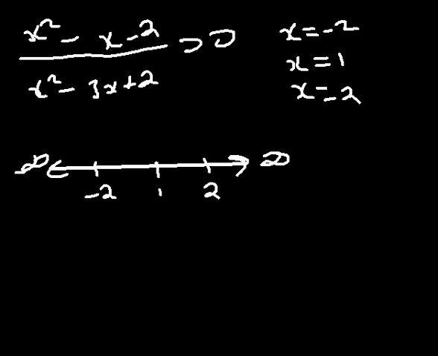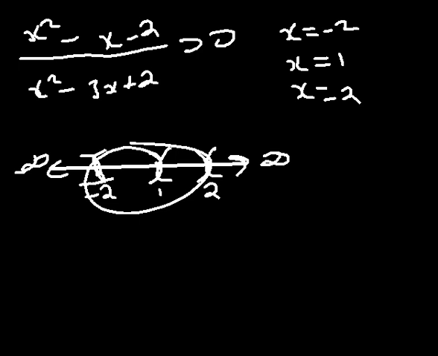And those values from the denominator are not going to be part of the interval, in the sense that 1 will not be part of the interval. And even a positive 2 won't be part of the interval as well. While negative 2 will be part of the interval.